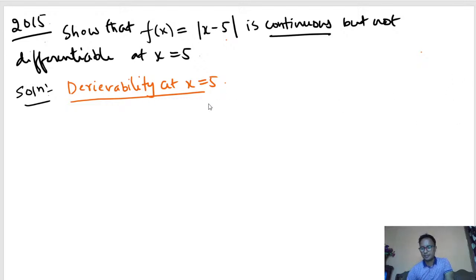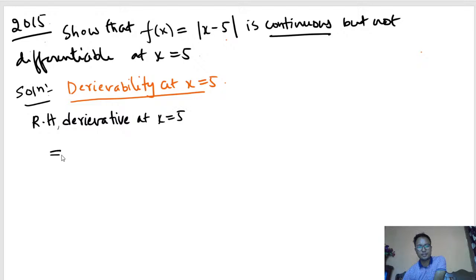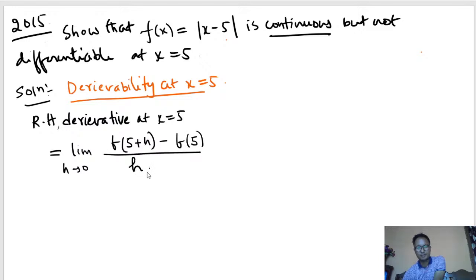Next, derivability at x equal to 5. So, left hand derivative and right hand derivative concept is in it. So, we will start with the right hand derivative. Limit h tends to 0 of f of 5 plus h minus f of 5 divided by h.